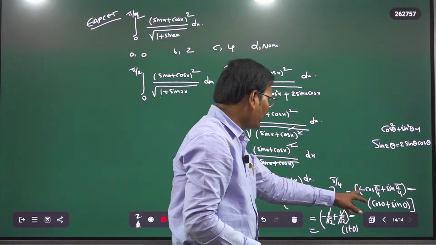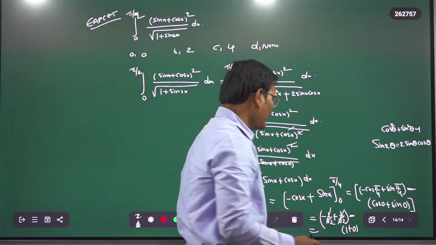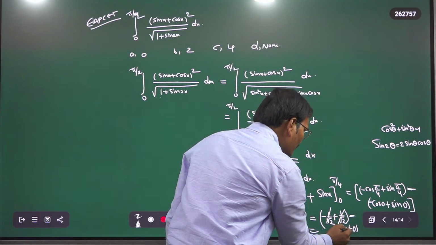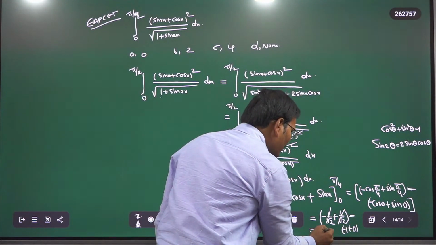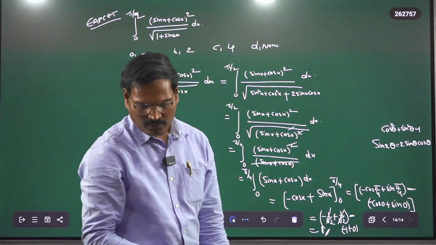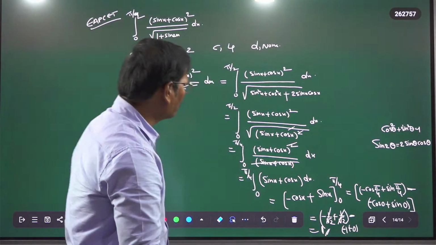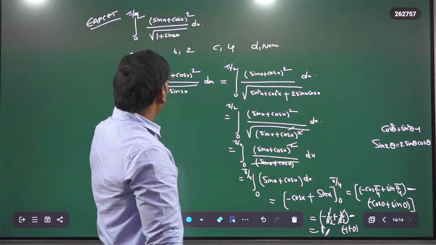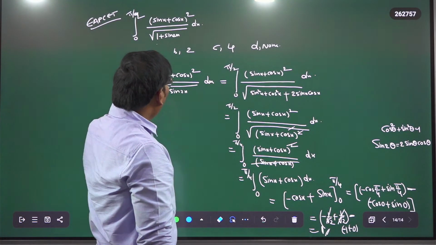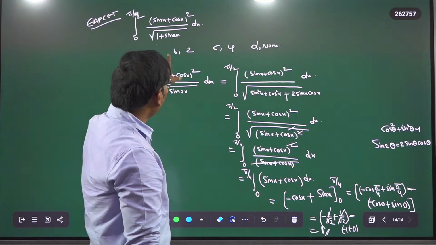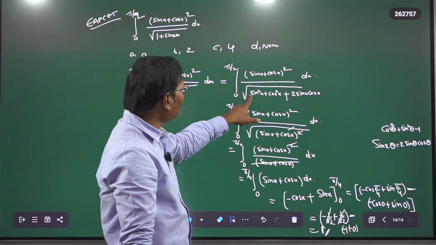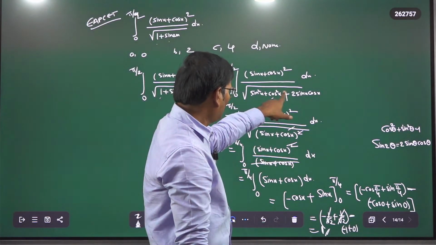So upper limit is minus cos pi by 4 plus sin pi by 4, here minus cos 0, minus into minus plus, so answer is 1. So what I did here, in place of 1 I have written sin square x plus cos square x. Sin 2x means 2 sin x cos x, a square plus b square.